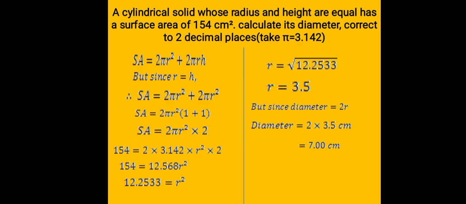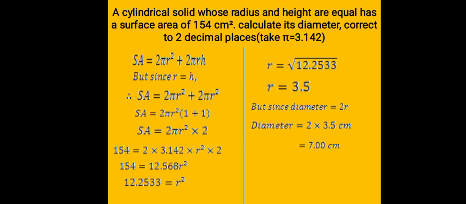Now, the surface area of a cylindrical solid, we take it as 2 pi r squared plus 2 pi r h. But since r is equal to h, our formula shall turn to be 2 pi r squared plus 2 pi r squared.